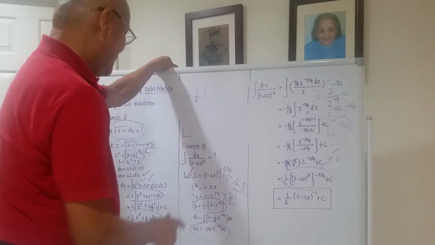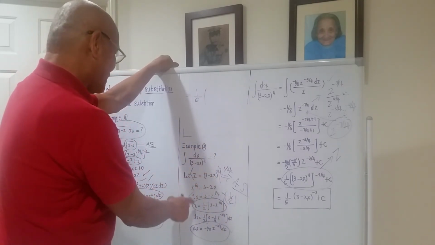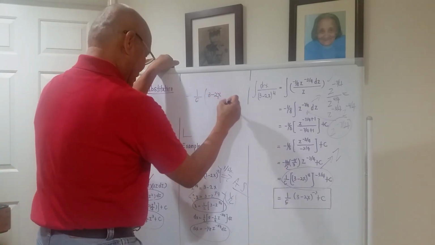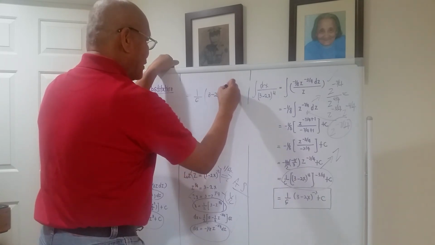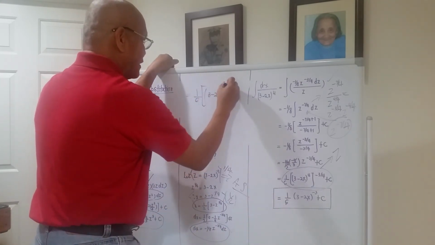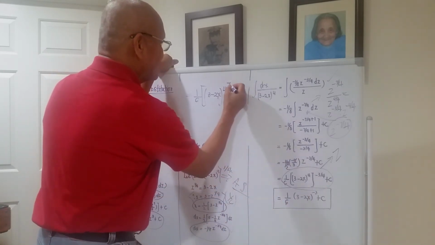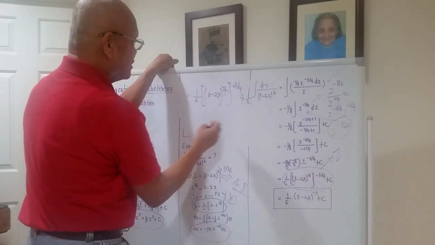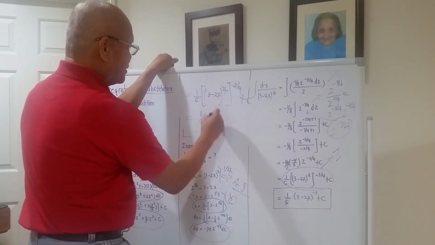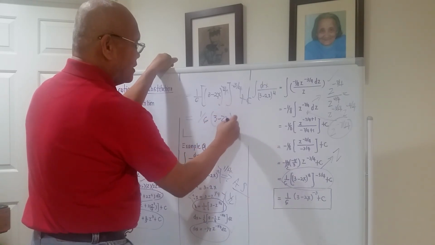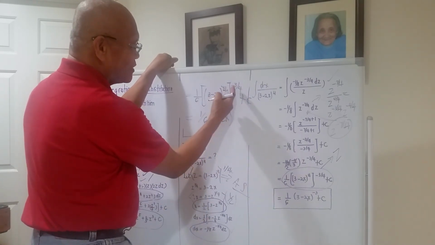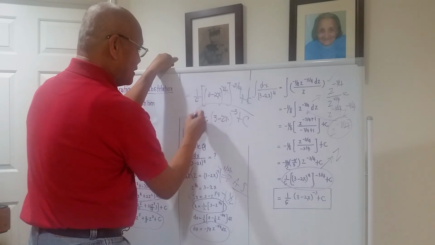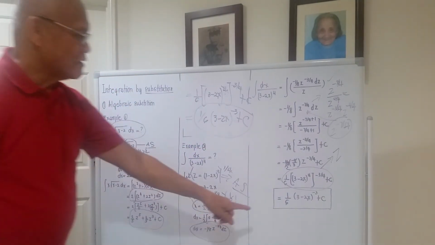What is z? z is actually 3 minus 2x raised to the 4th power, raised again to the minus 3/4, plus c. So actually this 4 here cancels with this. Our final answer will be 1/6 times (3 minus 2x), and what remains on the exponent is minus 3, plus c. So this is the final answer in terms of x. That's it.